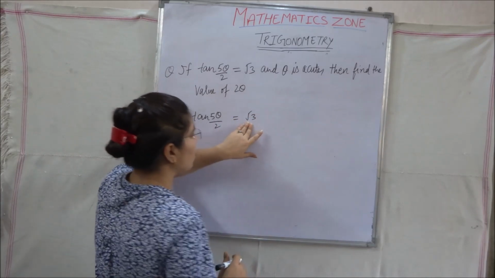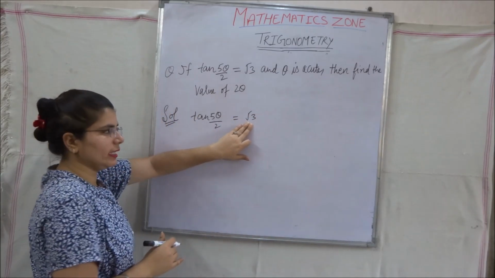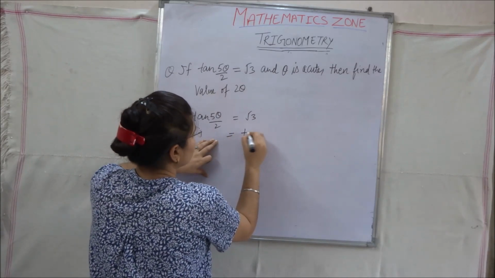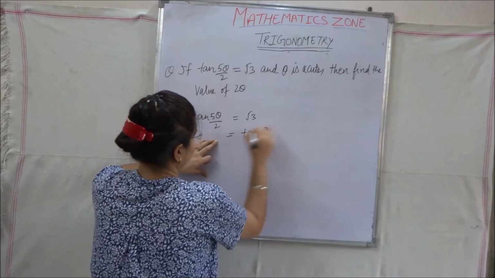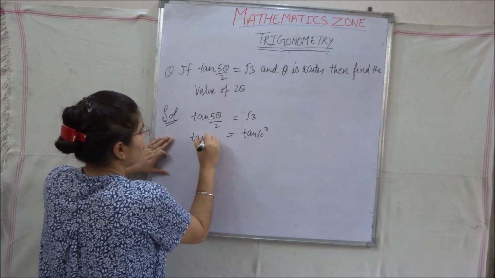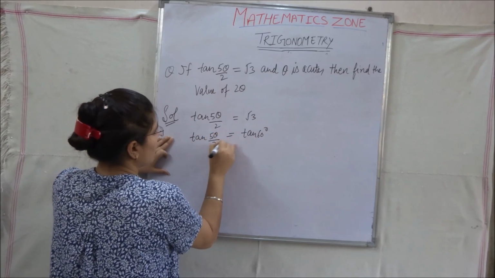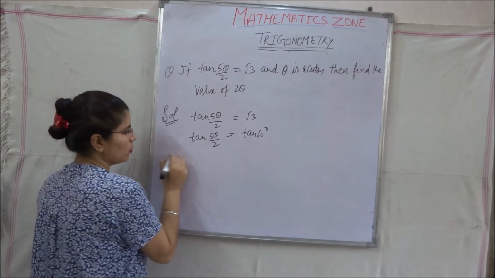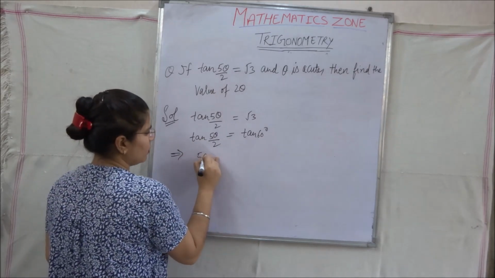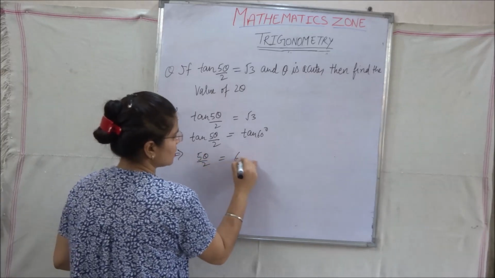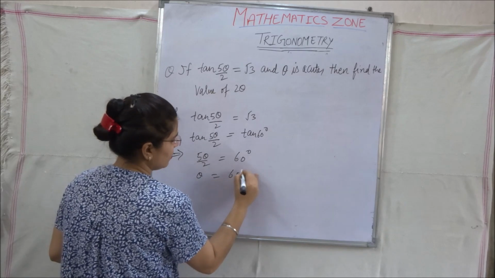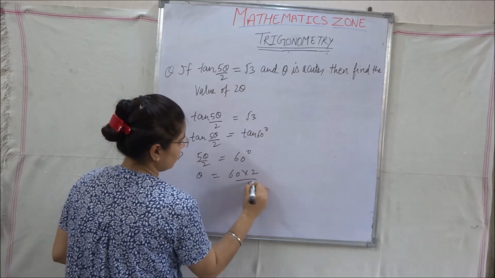What is the value of root 3 in case of tan theta? It was equal to tan of 60 degree. So tan of 5 theta upon 2 is equal to tan 60. Now just equating on both sides, we get 5 theta upon 2 is equal to 60 degree, and theta is equal to 60 degree multiplied by 2 upon 5.